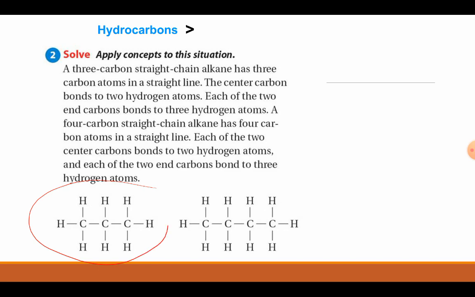Be sure that each carbon atom is surrounded by 4 bonds: 1, 2, 3, 4, and this one 1, 2, 3, 4, and this carbon 1, 2, 3, 4. All of them are surrounded by 4 bonds. We do the same for the 4 carbon chain: 1, 2, 3, 4, and all of them will be surrounded by hydrogen atoms by single bonds. Is it clear now? Okay.